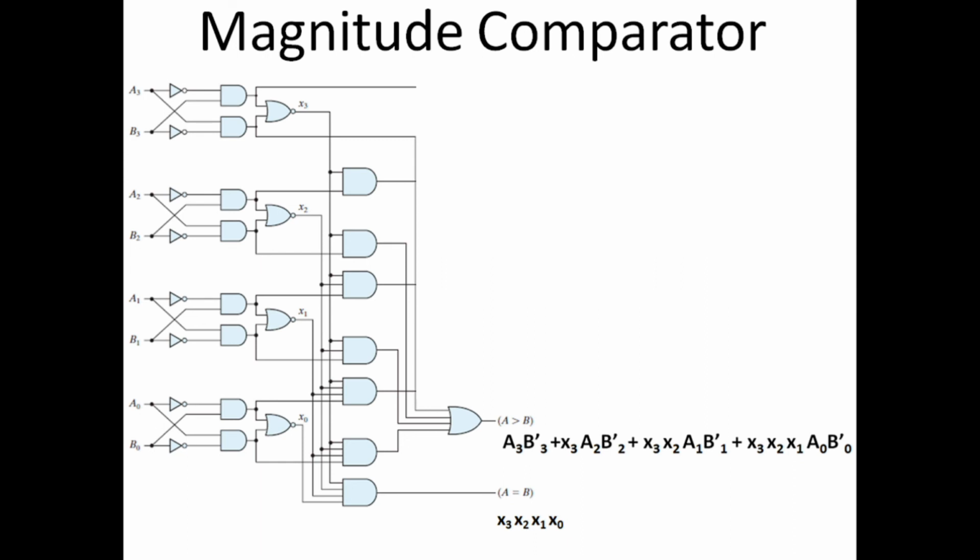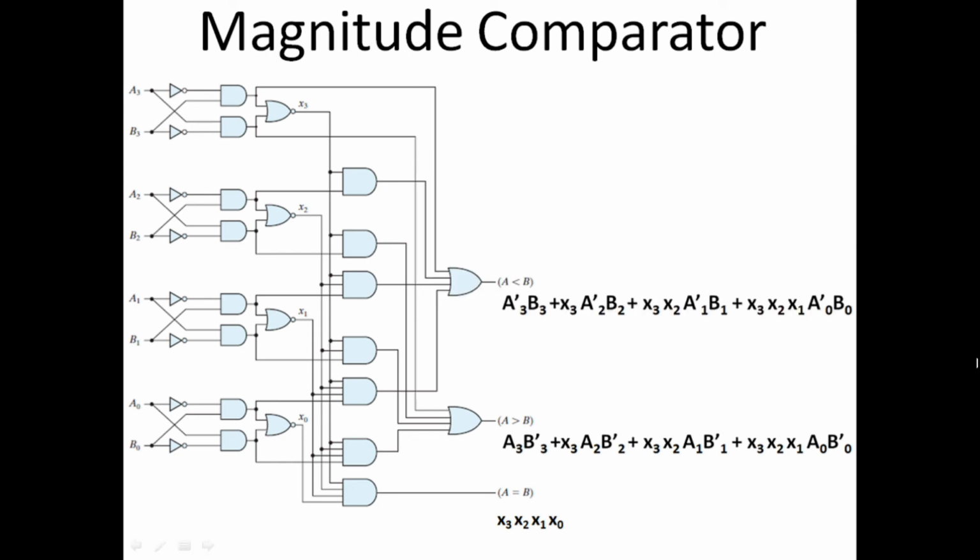And similarly for A smaller than B, we implement the same Boolean equation, and this Boolean equation is quite similar to this one, just for one per term like this, this is a3' b3.